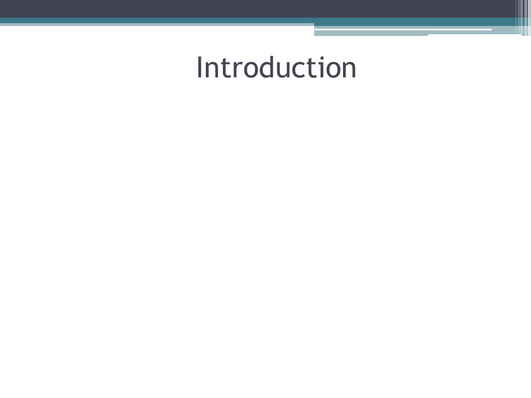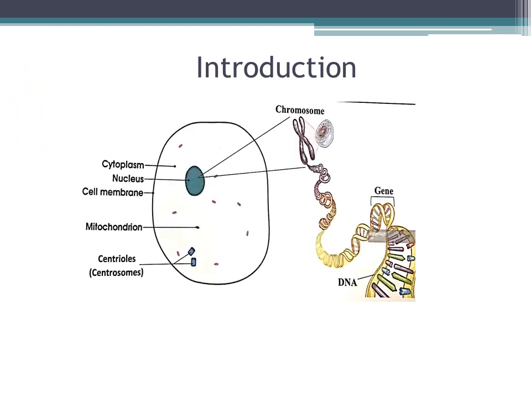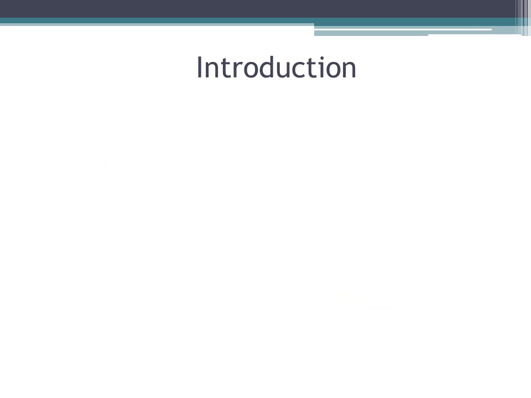Now let's start. As an introduction, a karyotype is simply a picture of a person's overall number of chromosomes. As I explained in the previous video, chromosomes are located inside the nucleus and they are carriers of genetic information. In order to perform a karyotype, first, chromosomes must be isolated, most often from white blood cells nuclei.